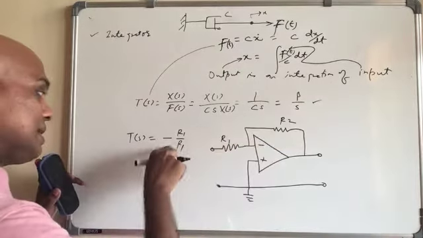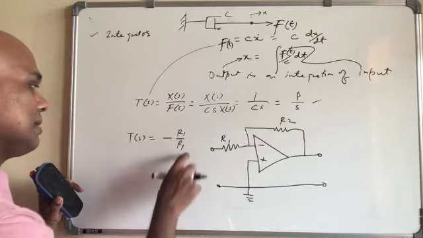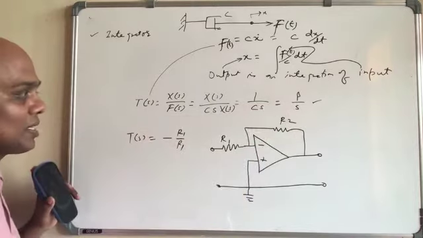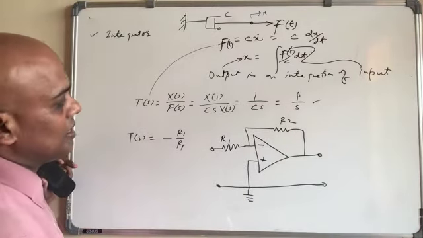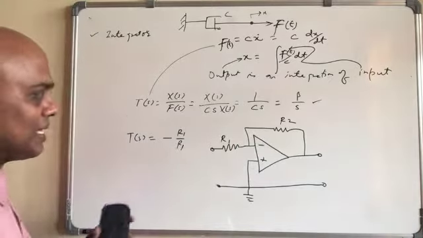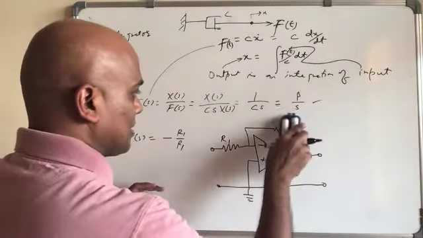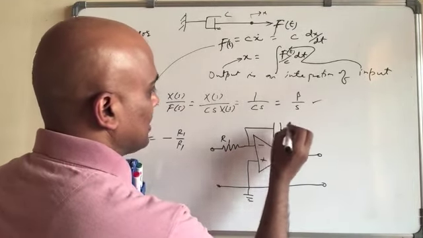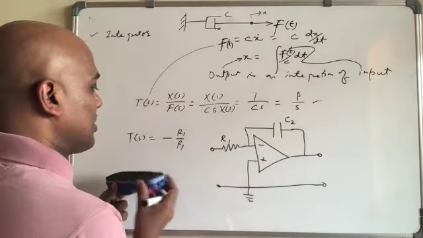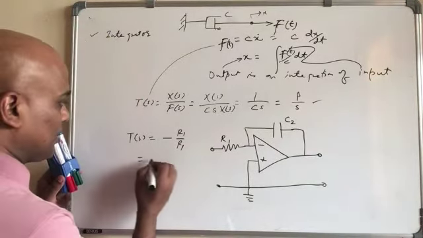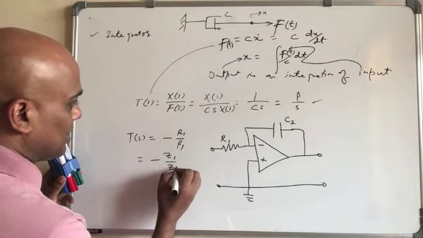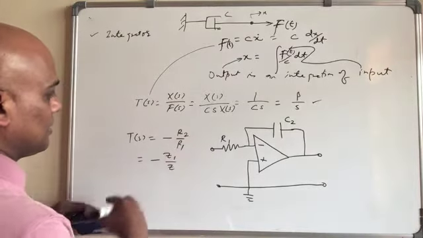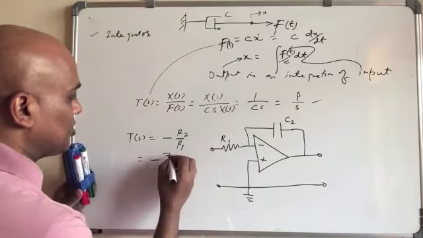Now we want S here, okay, so that really means we want S downward. So one of the options will be having R2 as a capacitor. So let us say we have a capacitor here, let's call it C2. So what happens is this is equal to minus Z2 over Z1.